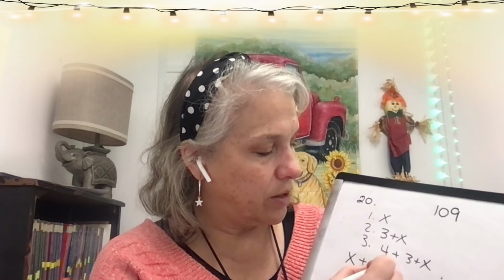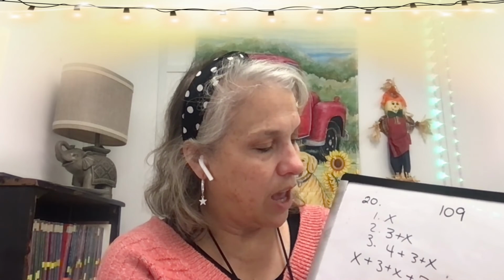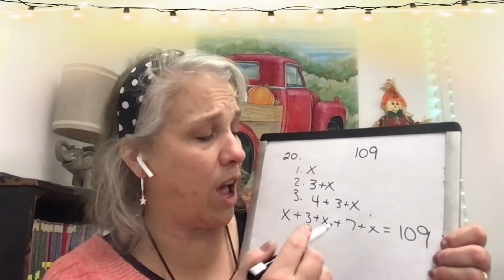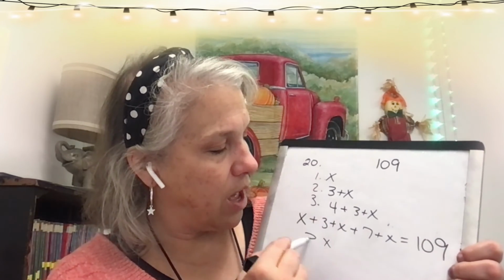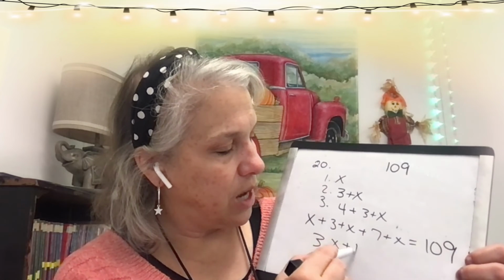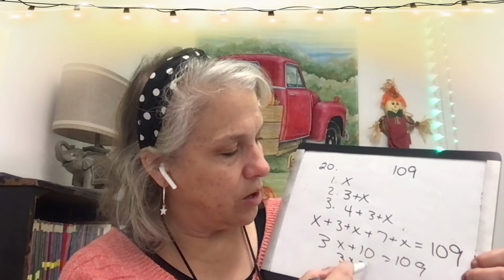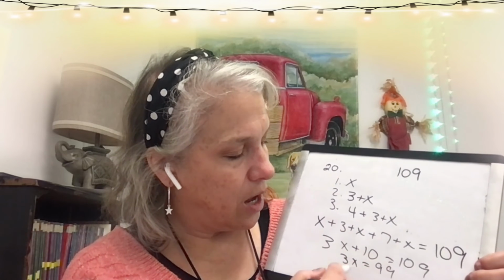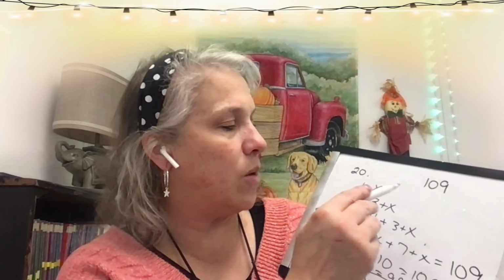So I'm going to combine them all. x plus 3 plus x plus 7 plus x equals 109. And now I'm going to solve for x. So 2x, nope, that's going to be 3x plus 10 equals 109. 3x equals 99. x equals 33. So now we're going to check it out and see if that works.